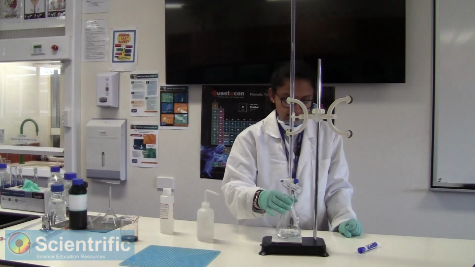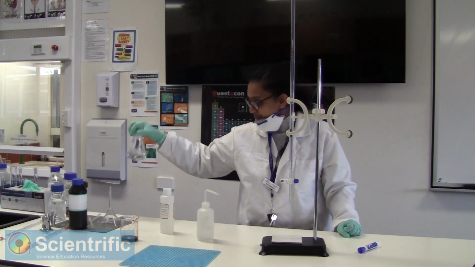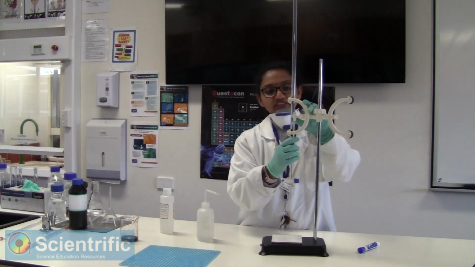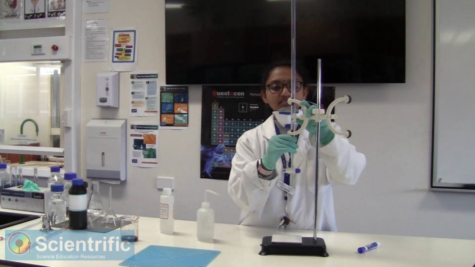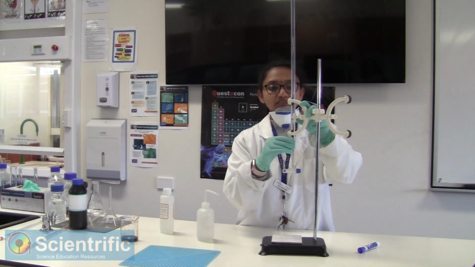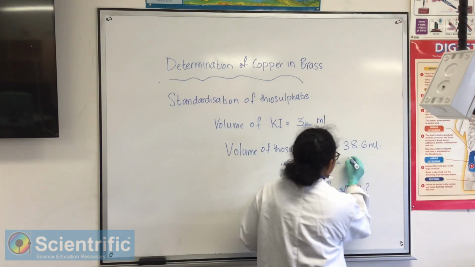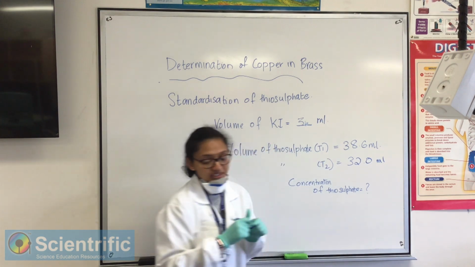And that is my endpoint. So, what is our titer reading now? I'm going to say it is 32.0. Obviously, we haven't got it within a mil, so we have to redo this.